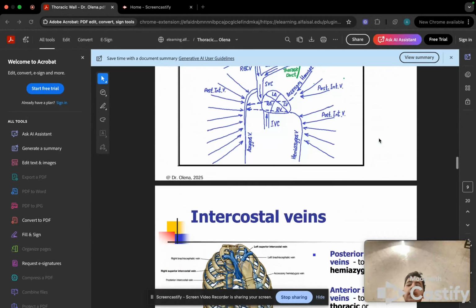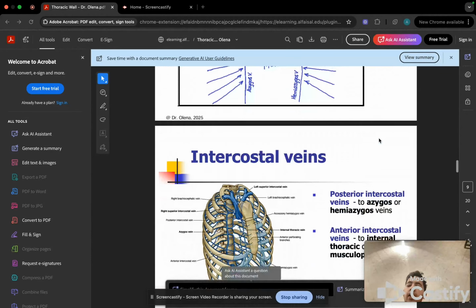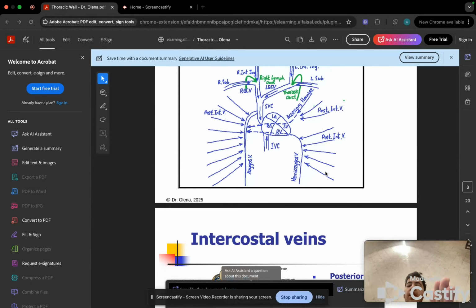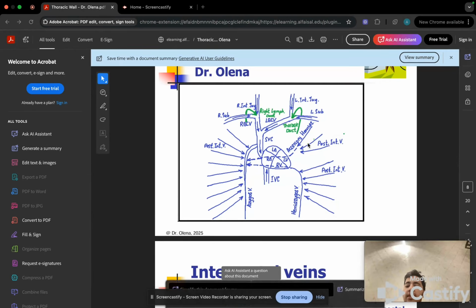Intercostal veins. So posterior intercostal veins, if they're on the right side, they drain into the azygous vein. If they are on the left side, as we see here, they could go to either the accessory hemiazygous or the posterior hemiazygous.